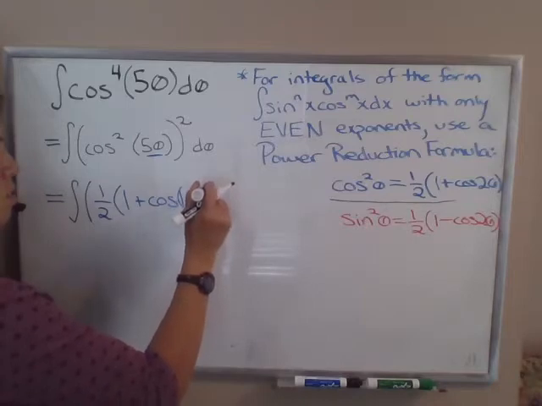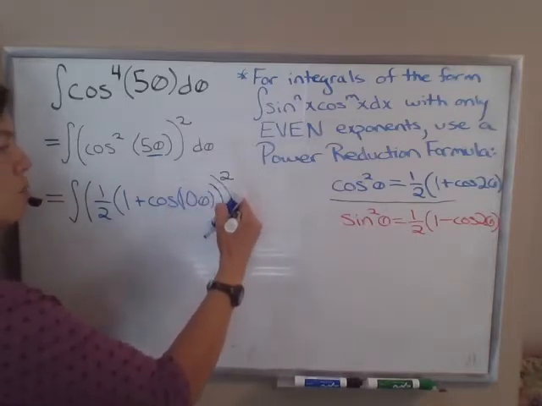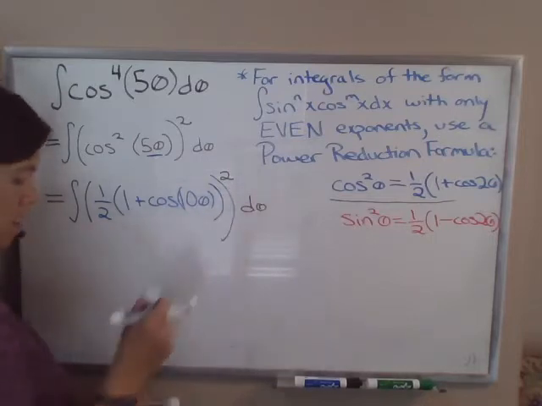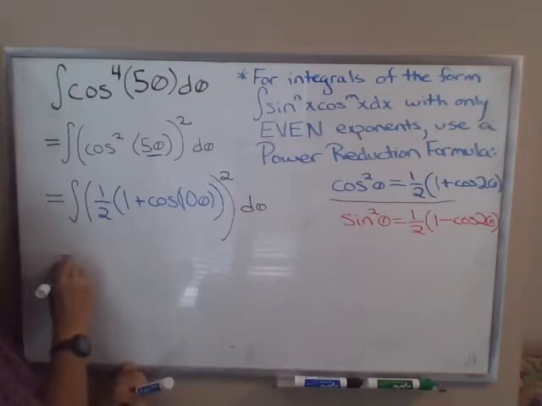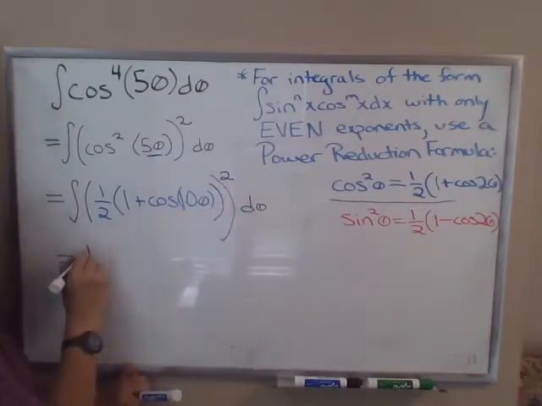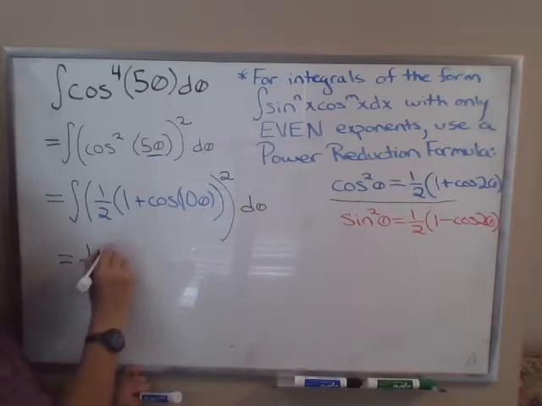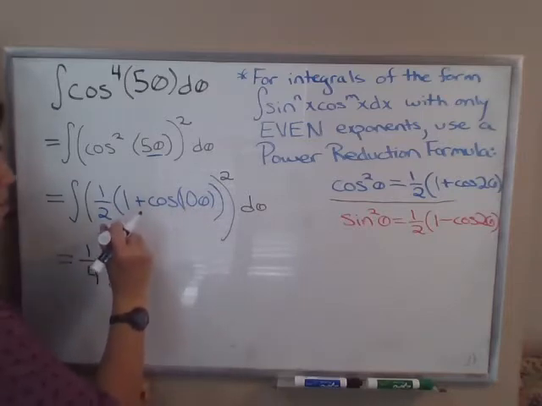And close this parentheses, all of that squared. I would square the 1/2 first. 1/2 squared, so that's 1/4. Integral of, and then this part squared.